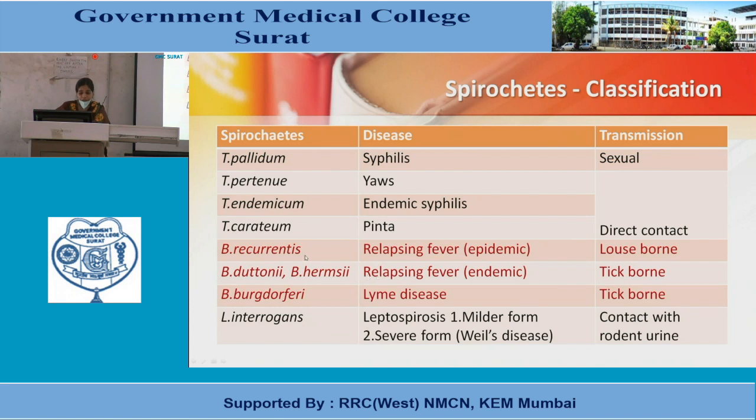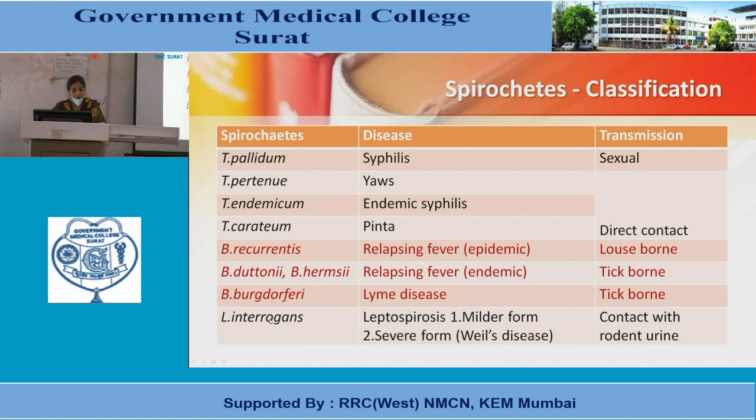Among the Borrelia, Borrelia recurrentis causes epidemic relapsing fever, transmitted by lice. Borrelia duttonii and Borrelia hermsii cause endemic relapsing fever, transmitted by ticks. Borrelia burgdorferi causes Lyme disease, also transmitted by ticks. So Borrelia cause epidemic and endemic relapsing fever, and Lyme disease.